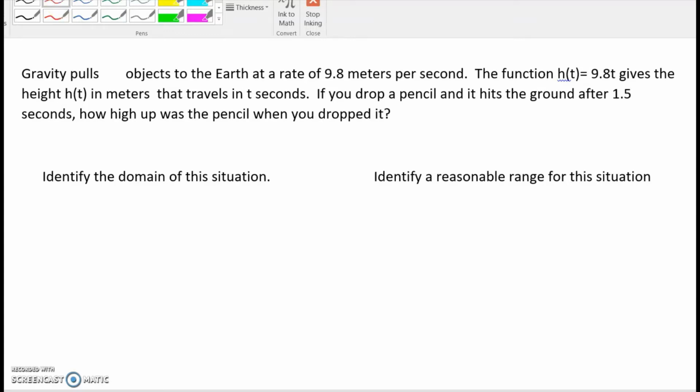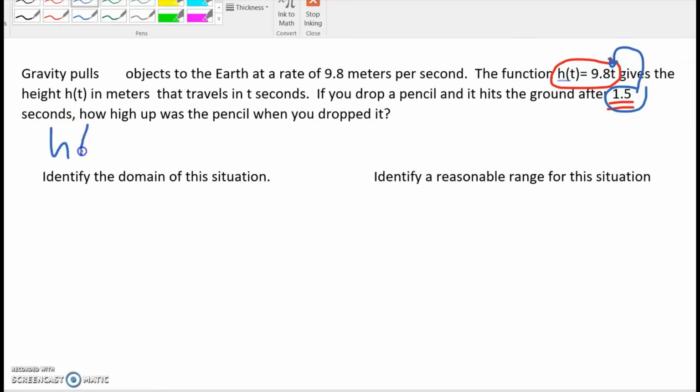So we have to use our function. And this is telling us an amount of time, so that's telling you something that we have to take that 1.5 and we have to put it instead of t.